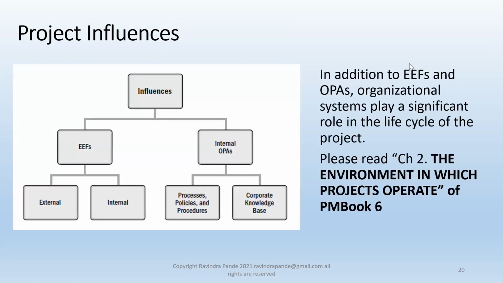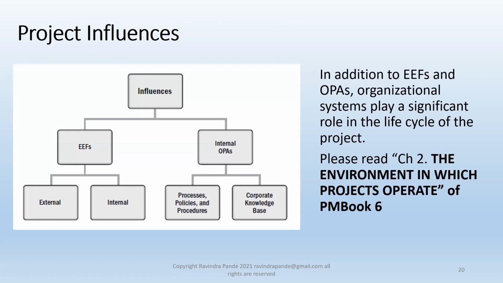Now let's try to understand the influences as well. There are two concepts, as we discussed even in BA sessions, EEFs and OPAs, and we'll understand that right now. We might go to PMBOK 6 chapter 2, the environment in which projects operate. So these are environments in which we manufacture certain things, we enhance something, we build or support something, and there are influences which play a greater part.